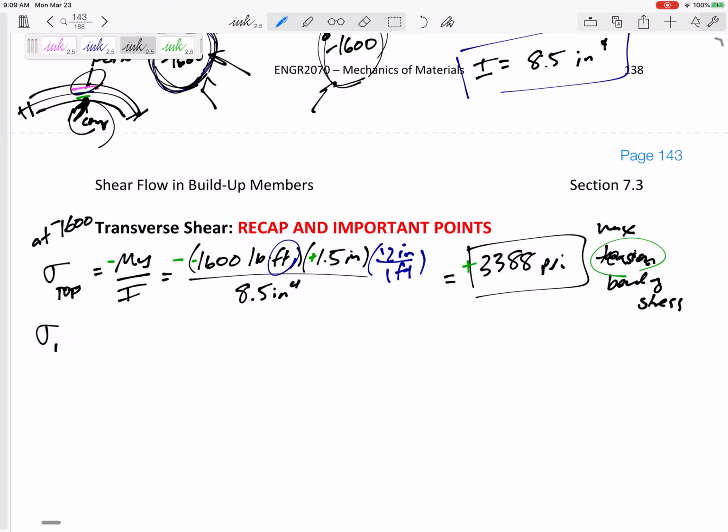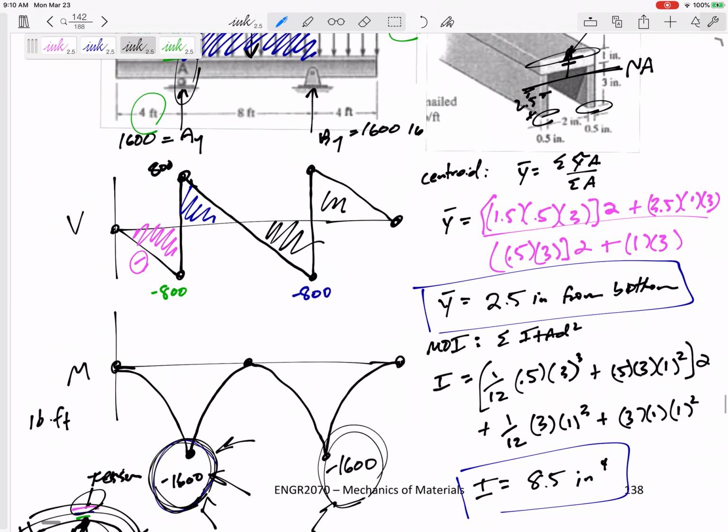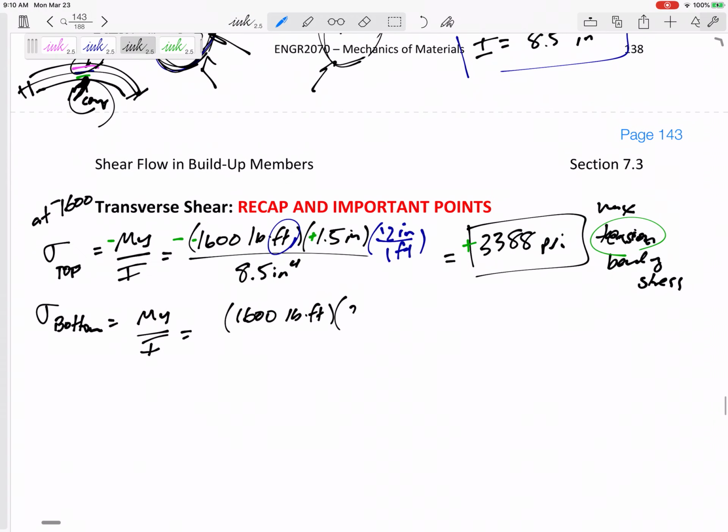All right, let's look at the bottom. At this location, My over I, 1,600 pound-feet. Now this is not symmetric. The y to get to the very top is different from the y to get to the very bottom. The y to get to the very bottom would be 2.5 inches. Multiply it times 12 for your conversion factor. I is the same. I is just for the shape, so it doesn't matter where you're looking.